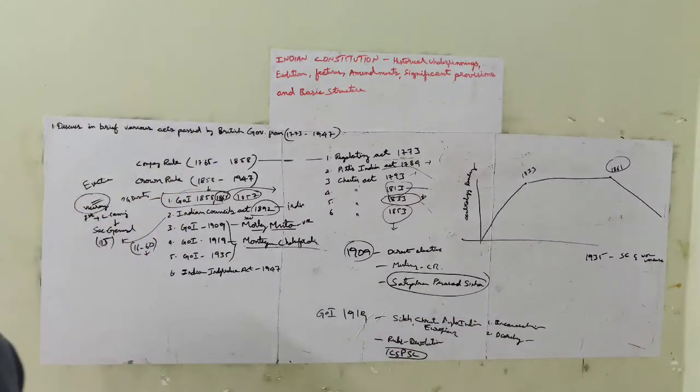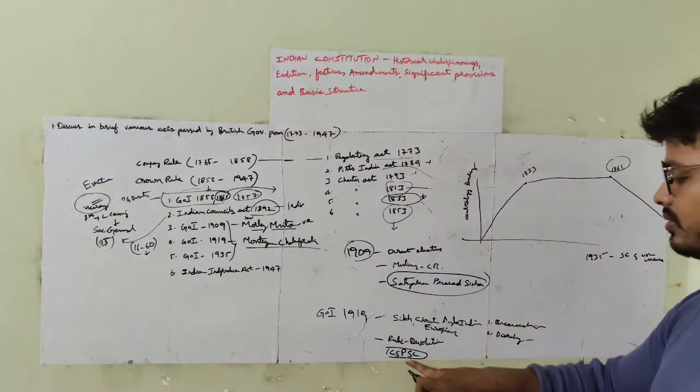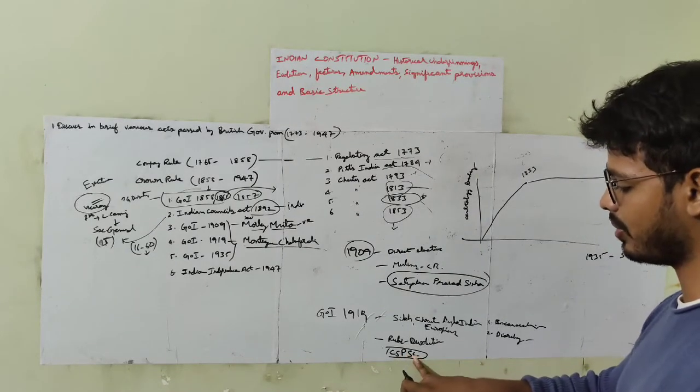Let's discuss this. All India Federation, Federalist, Provincialist. So in 1935, I told you, the Federal Public Service Commission.